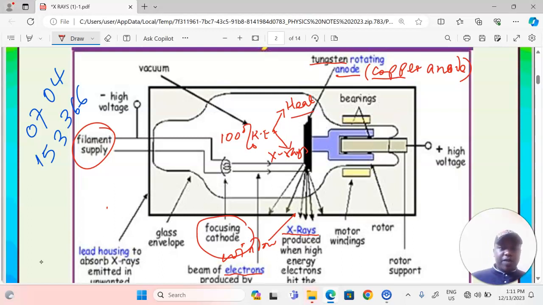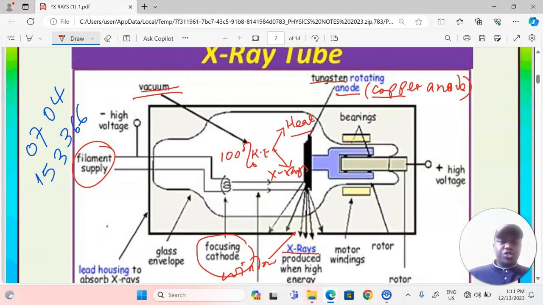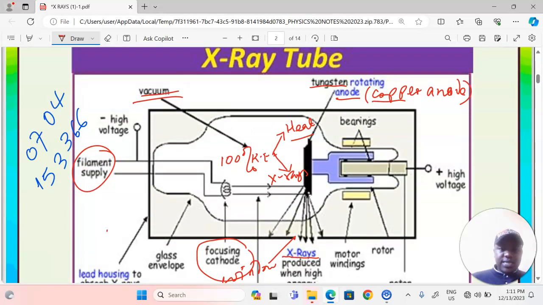It's also very good to know that we have a vacuum here, a vacuum in the X-ray tube. And this is to ensure that once the electrons are moving, they don't collide with other particles along their path as they get attracted towards the anode. Remember, collision with other particles on the path might lead to loss of energy, and that means the X-rays that will be produced at the end of it will also have low energy.